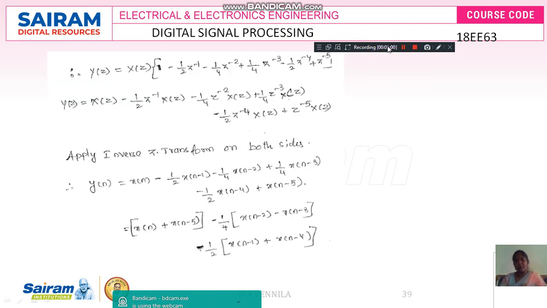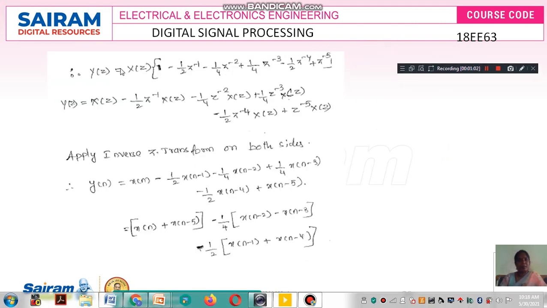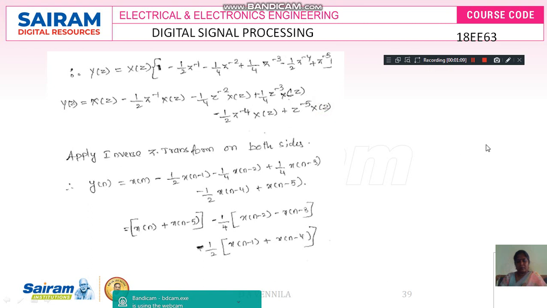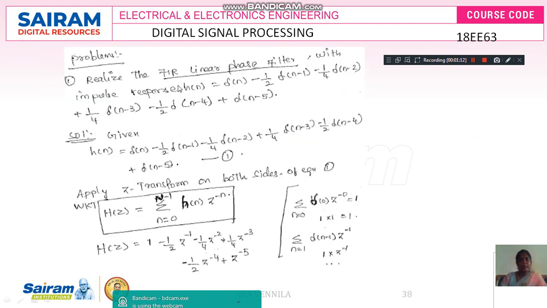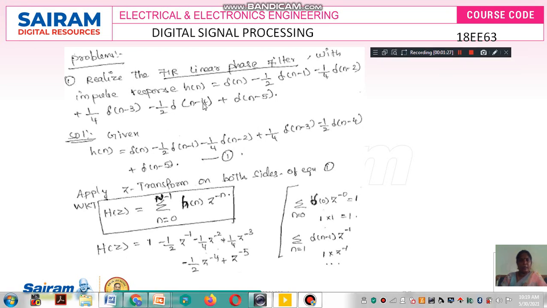Now coming to the problem. Realize the FIR linear phase filter with impulse response h of n equal to del of n minus 1 by 2 del of n minus 1 minus 1 by 4 del of n minus 2 plus del of n minus 3 minus 1 by 2 del of n minus 4 plus del of n minus 6.